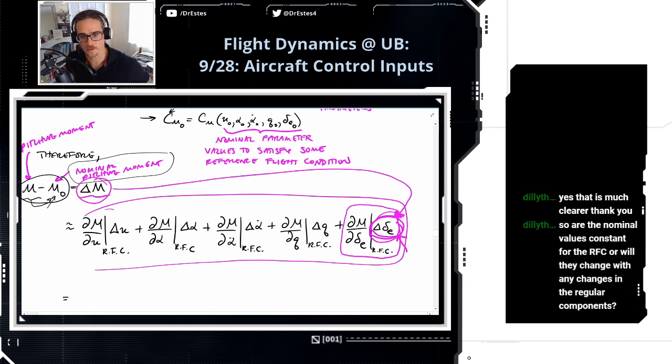Are the nominal values constant for the reference flight condition, or will they change with any changes in the other components? The nominal values for the reference flight condition will be constant. Generally, I'm hesitant to say they'll always be constant, because there's something called a steady turn.